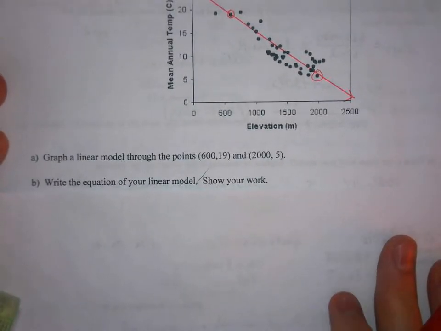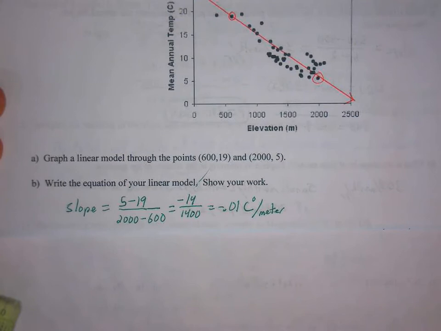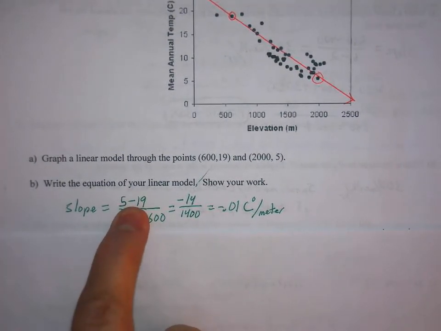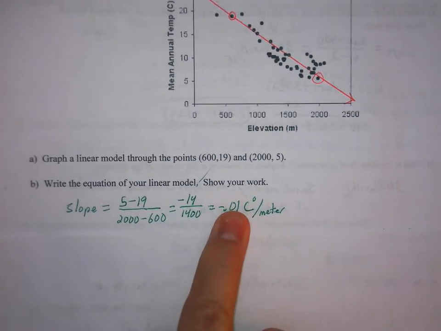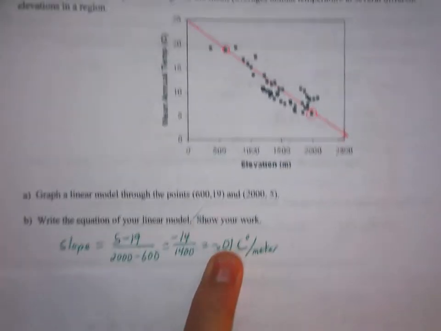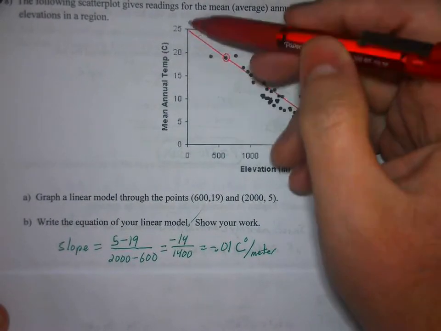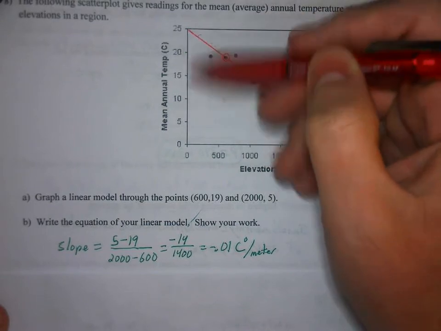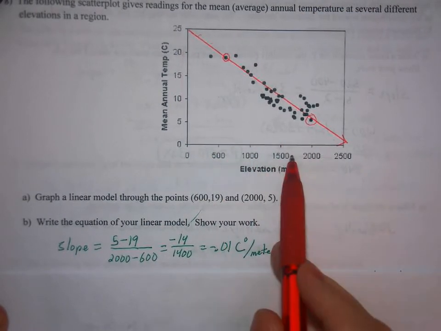So let's write the equation of our linear model. So again, we need to find the slope. So pause the video if you need to work on it. So we have the change in temperature over the change in elevation. A lot of students look at that and say, well, gee, that's a really weird number to get. But remember, the slope is always the change in the y value, which is temperature, divided by the change in the x value, which is the elevation.